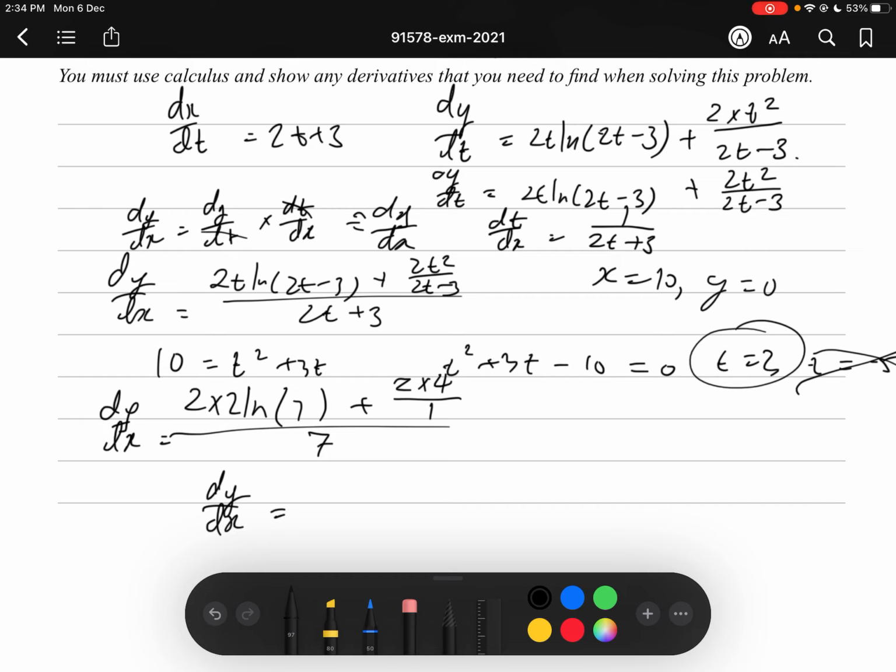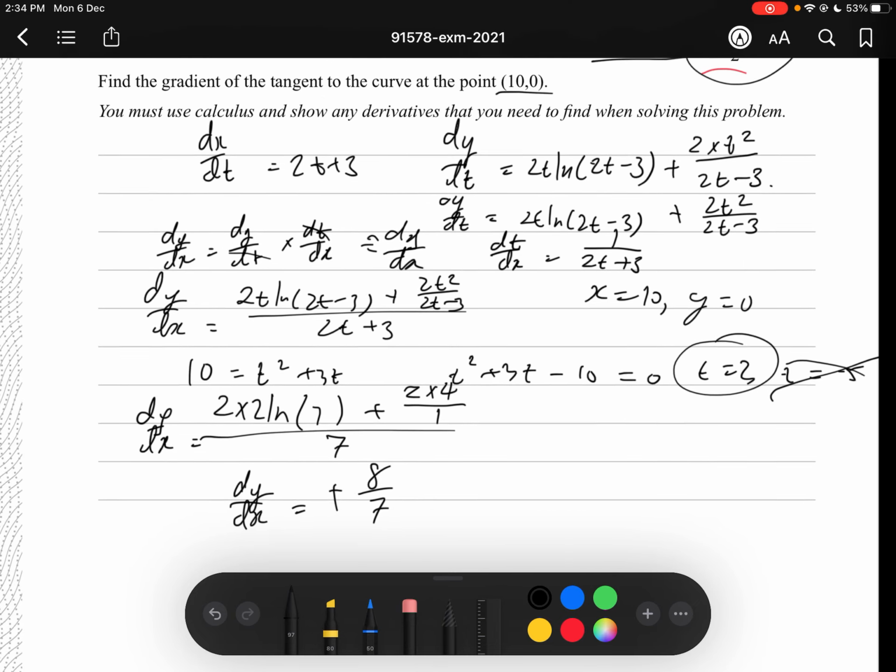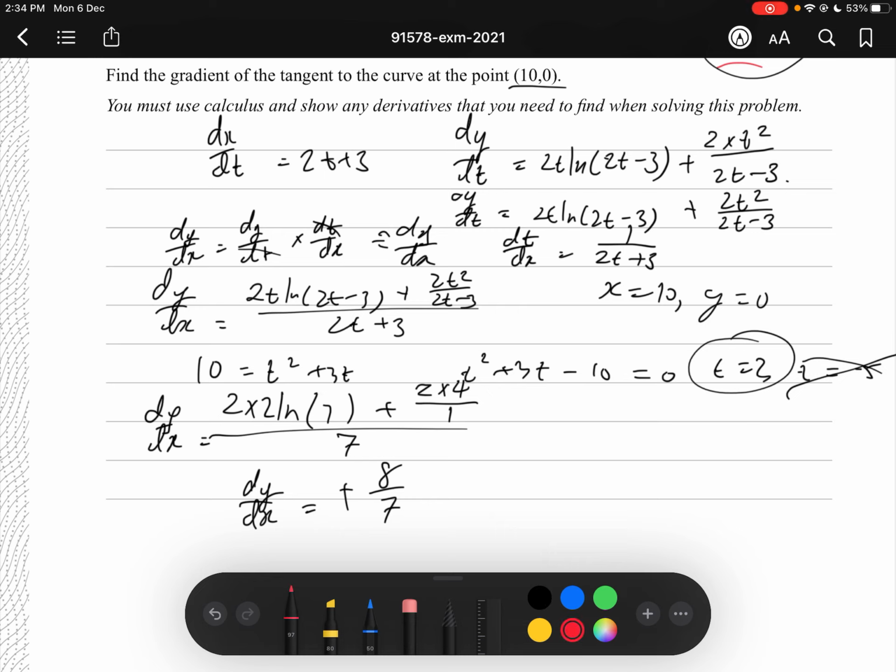Ln of 1 is actually 0, so we can ignore that term. And we have 2 times 4, which is 8, over 1, which is still 8. So this will give us 8 over 7. Positive 8 over 7 should be our final answer for this question. And this should be a merit level question. To get an achieved, a correct dy over dx is usually enough to get you the achieved grade for this question.